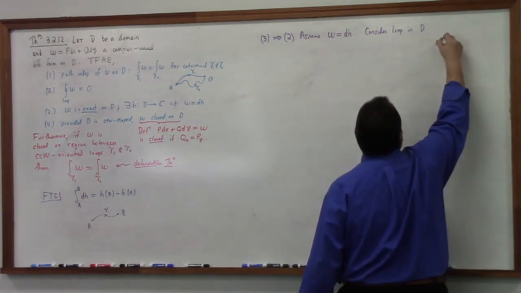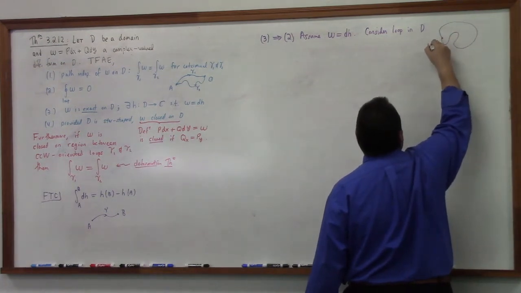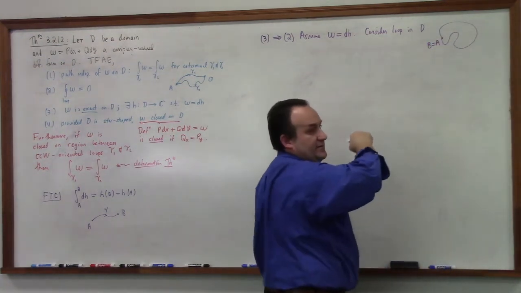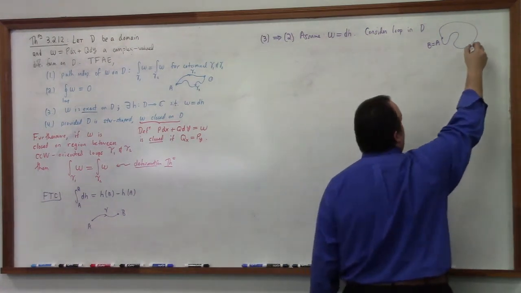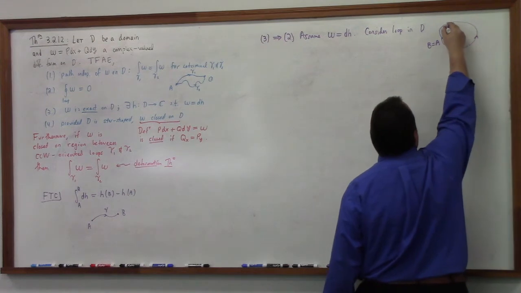We start at the point A, we go round, we come back where we started, so B is equal to A. A loop. I usually think of them counterclockwise.